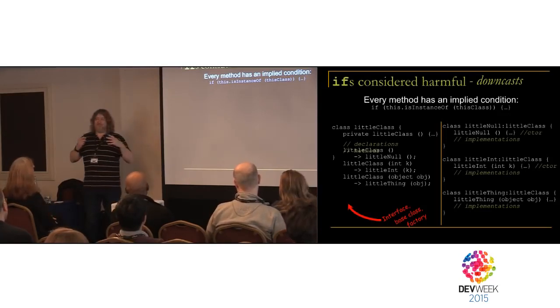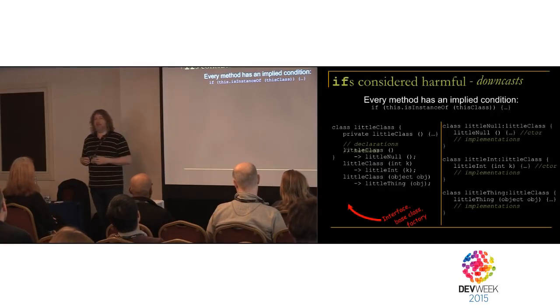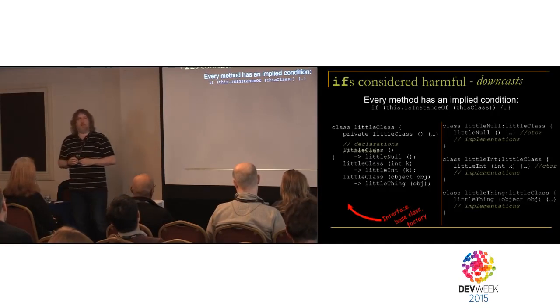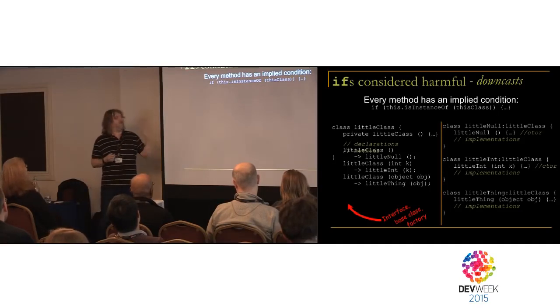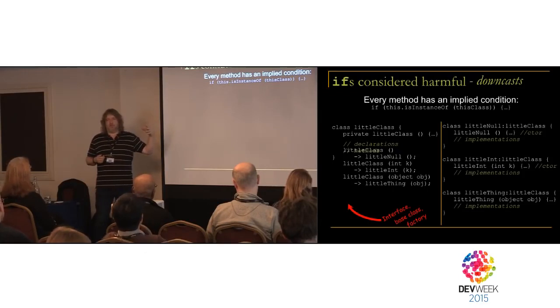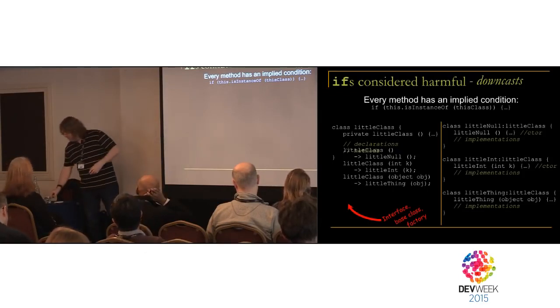Okay. Right. Every time you invoke a method on an object, there is an implied condition. And that condition is that the thing that you're invoking the method on is an instance of the class in which it's installed. Now, remember what I said to you right at the beginning.